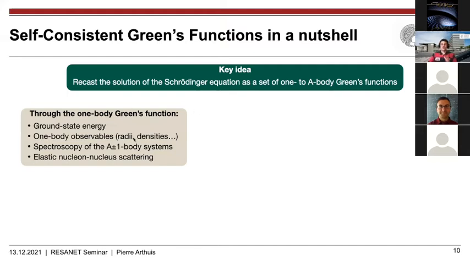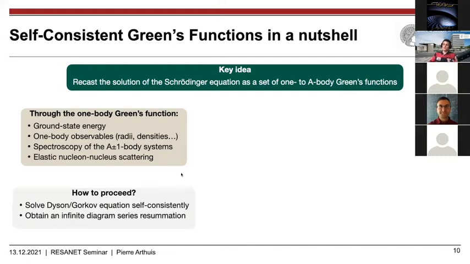That is ground state energy, other one-body observables like radii, densities, the spectroscopy of neighboring nuclei, A plus or minus one-body systems, which is a specificity of Green's function. And you can do other interesting things as well, for example, elastic nuclear scattering. So that's the idea. And then how do you proceed?